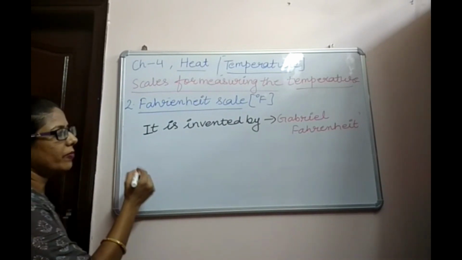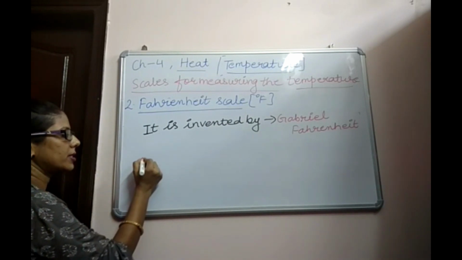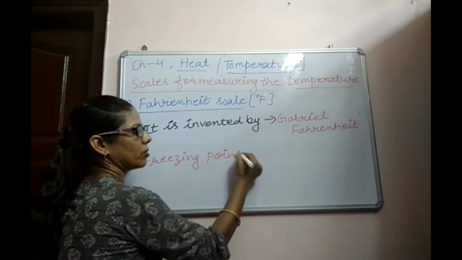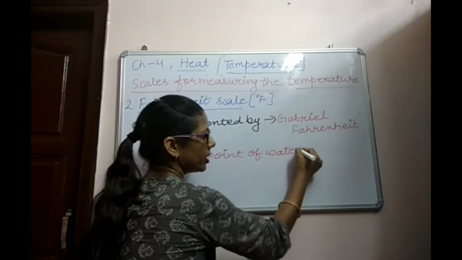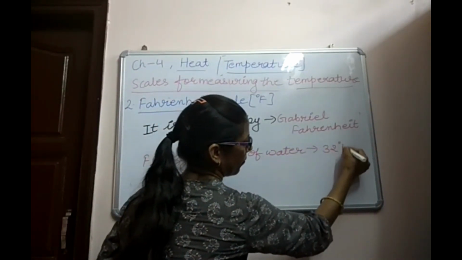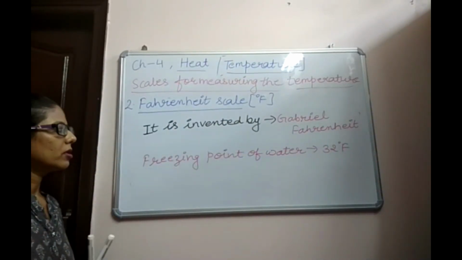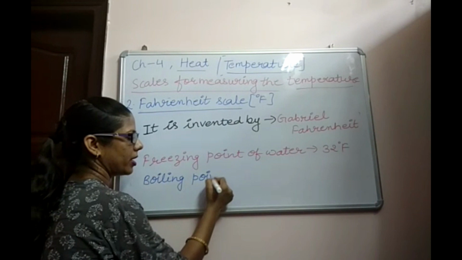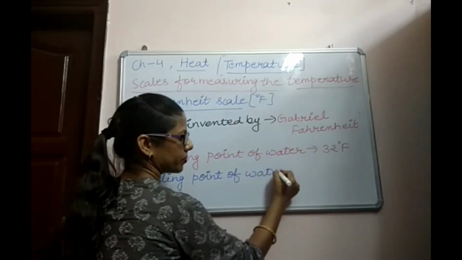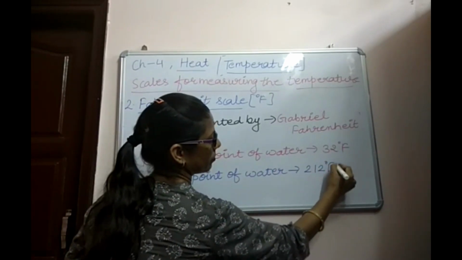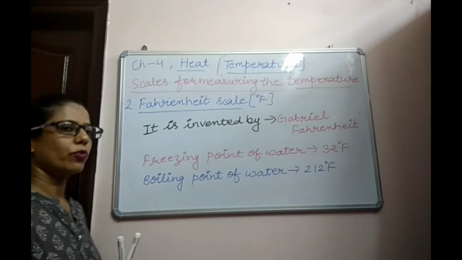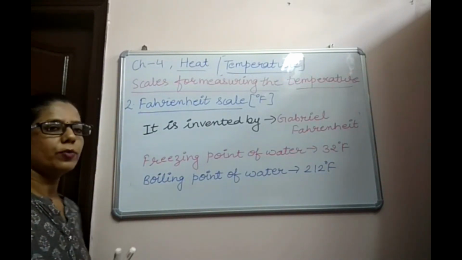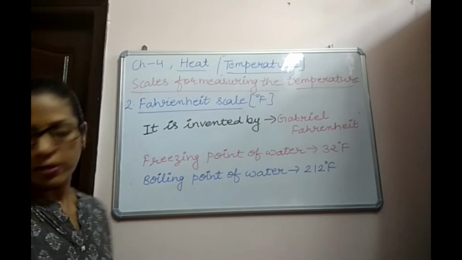On the Fahrenheit scale, the freezing point of water is 32 degree Fahrenheit, and the boiling point of water is 212 degree Fahrenheit.